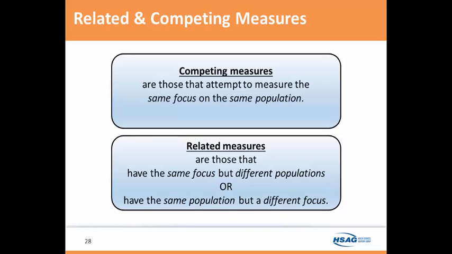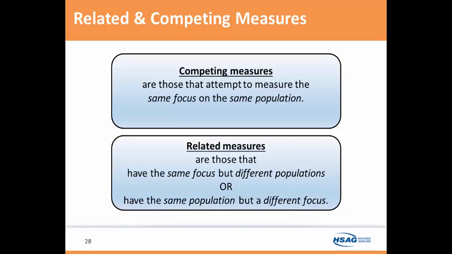Also included in the business case is information related to measures that are similar to the one being proposed, which has been identified during the existing measures search of the information gathering process. The business case will answer the question, are there similar measures in existence or under development? Measures are considered competing with one another if they attempt to measure the same focus on the same population.